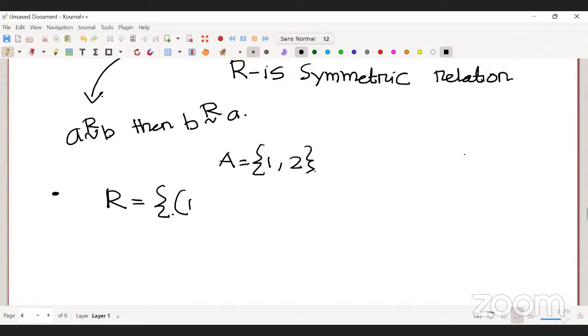My question is whether this is a symmetric relation or not.